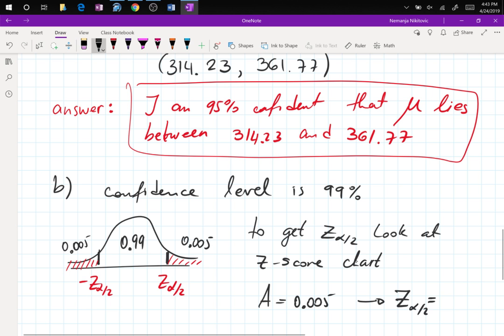We have negative 2.57, and we'll add a 5 because we have to average it. So we are averaging because the two areas that are given to us are evenly spaced.